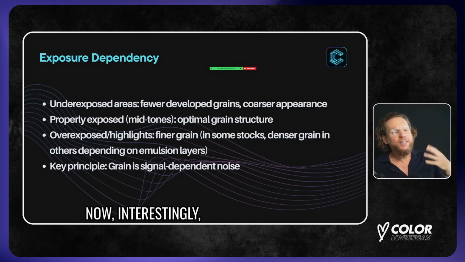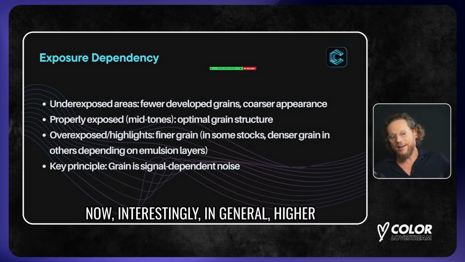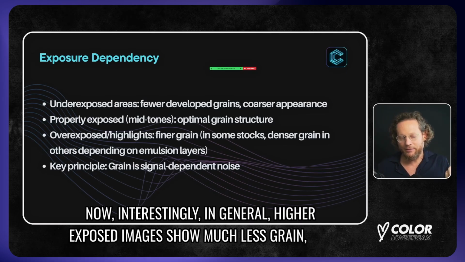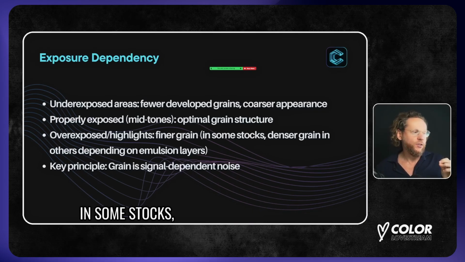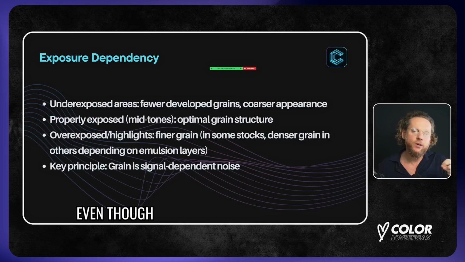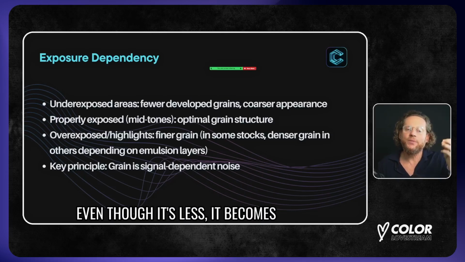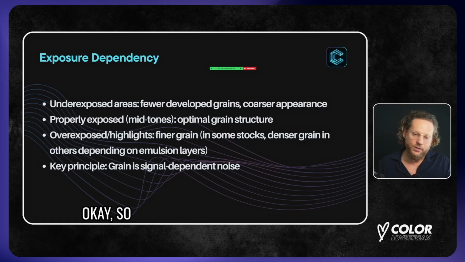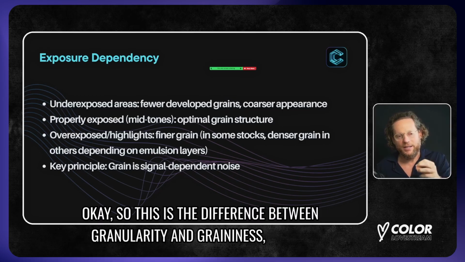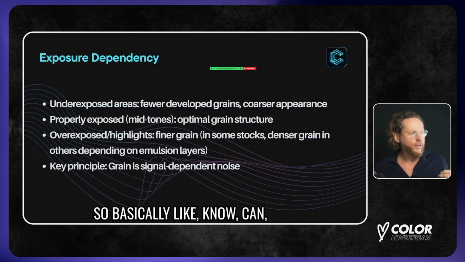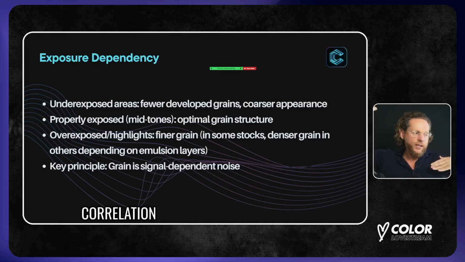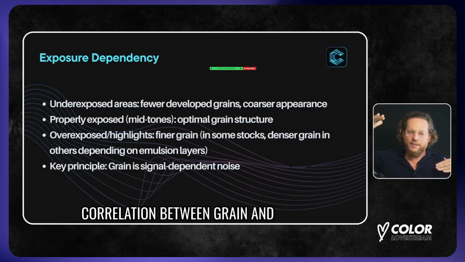Now, interestingly, in general, higher exposed images show much less grain, but in some stocks, that grain gets denser. Okay, even though it's less, it becomes denser. It becomes more visible. So this is the difference between granularity and graininess, right? But in general, we can say that there is a strong correlation between grain and signal.